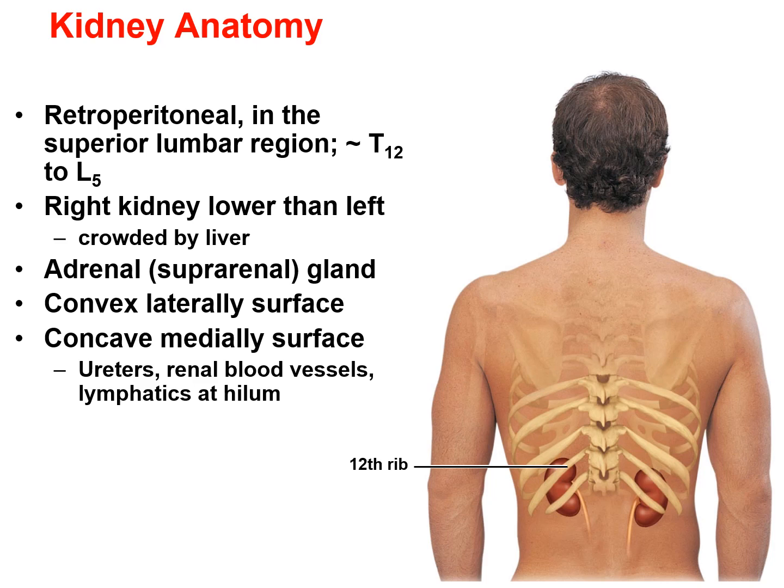Also, if you look at your kidneys, they do have a characteristic shape. They look exactly like a kidney bean: you have a convex lateral surface and a concave medial surface.